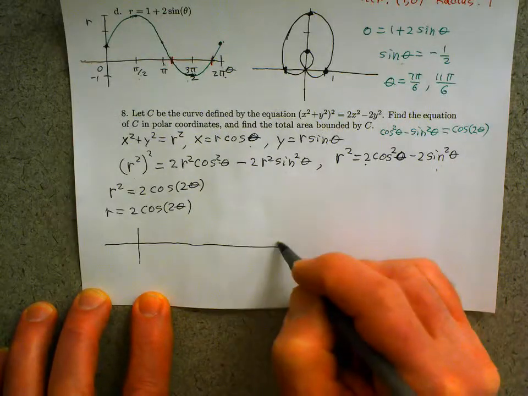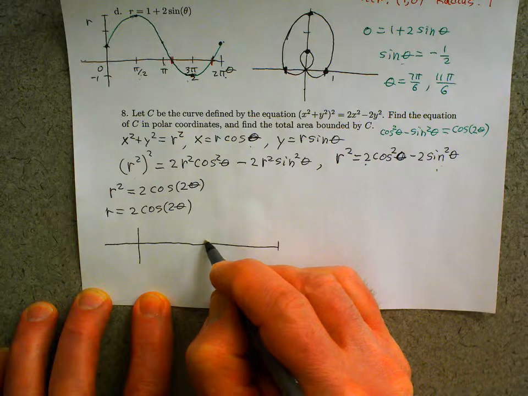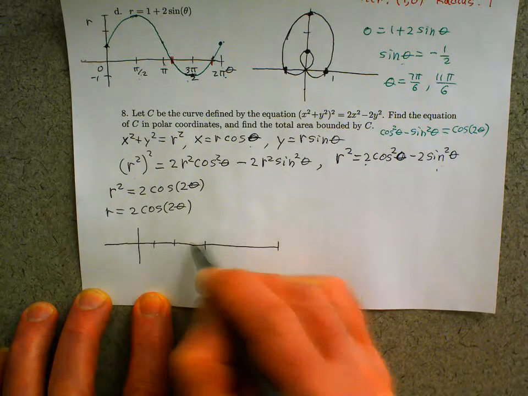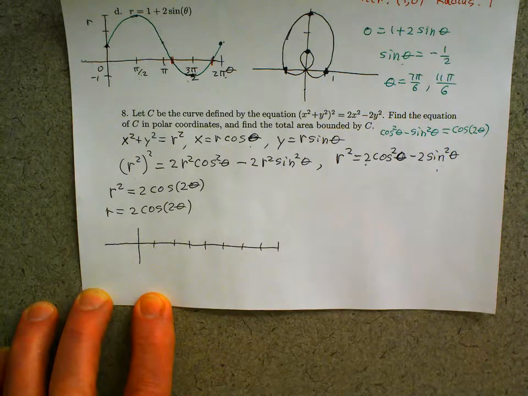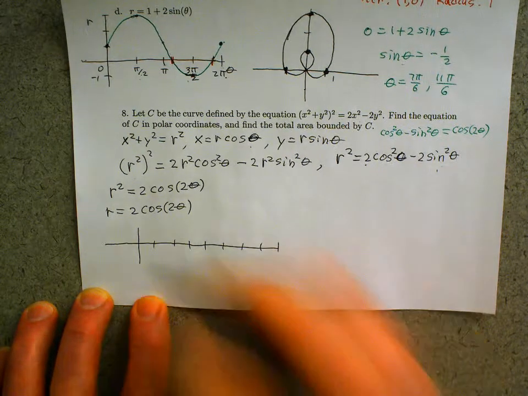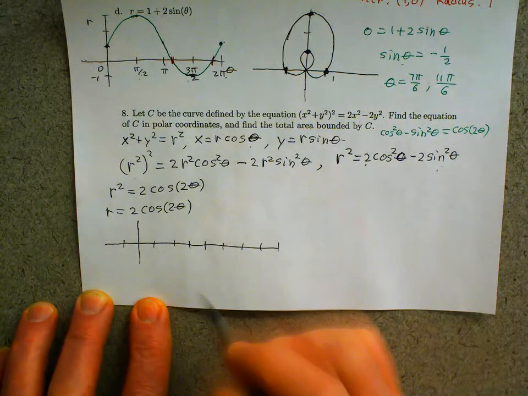So we'll go all the way from 0 to 2 pi with 2 periods. And amplitude 2.